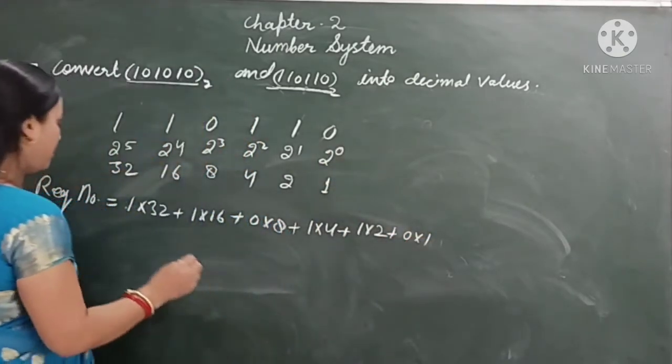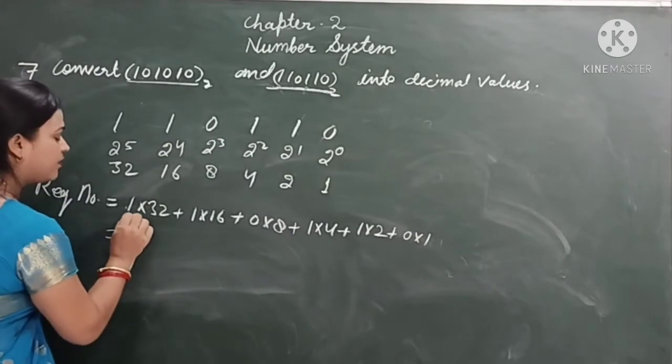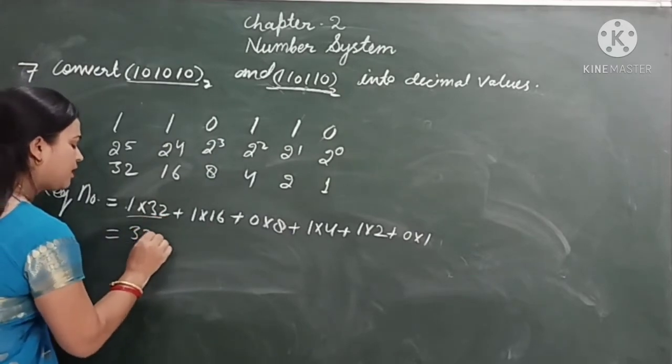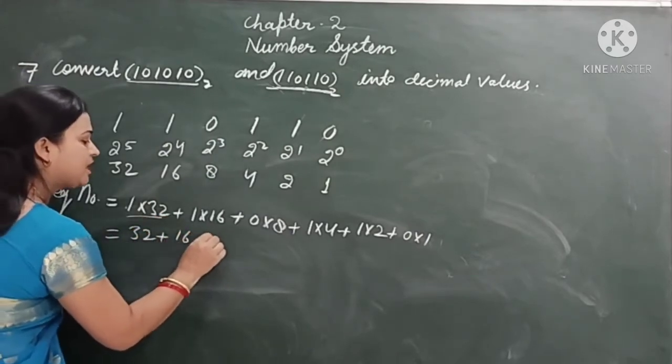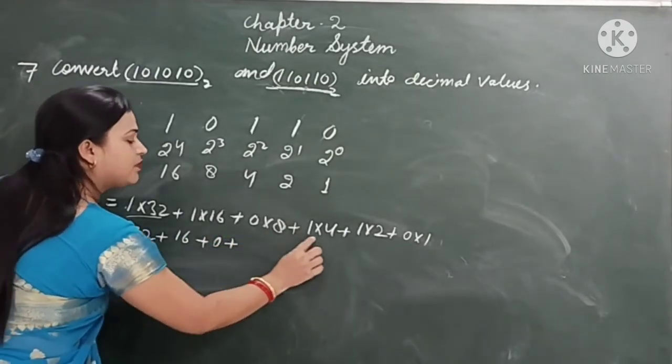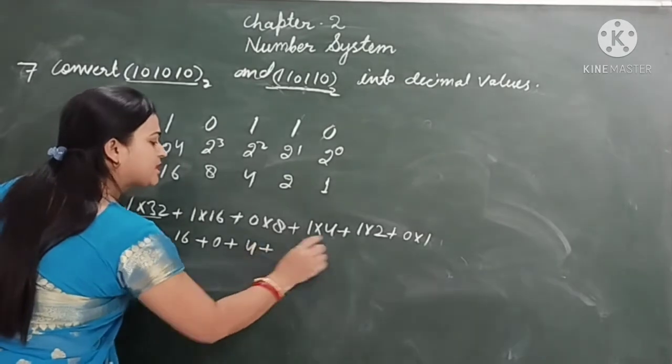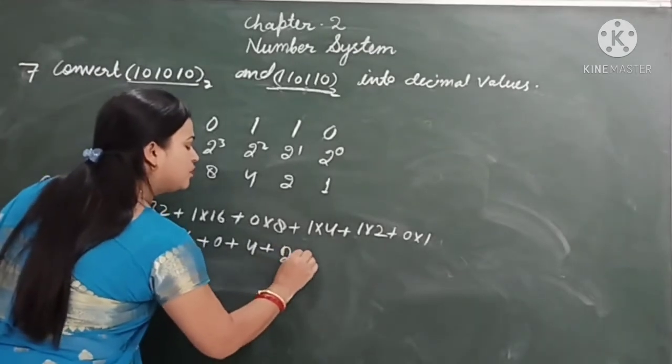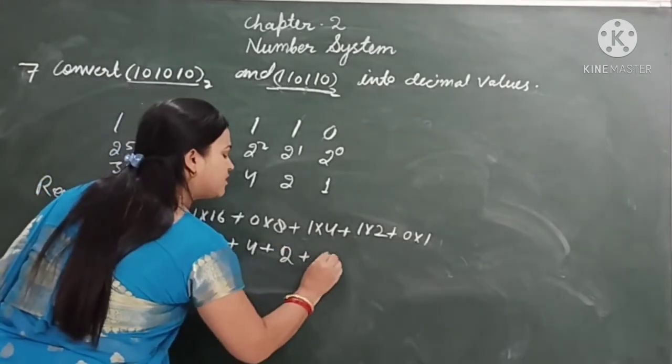Now multiply these: 1 into 32 is 32, plus 16, plus 0, plus 1 into 4 is 4, plus 1 into 2, plus 0 into 1 is 0.